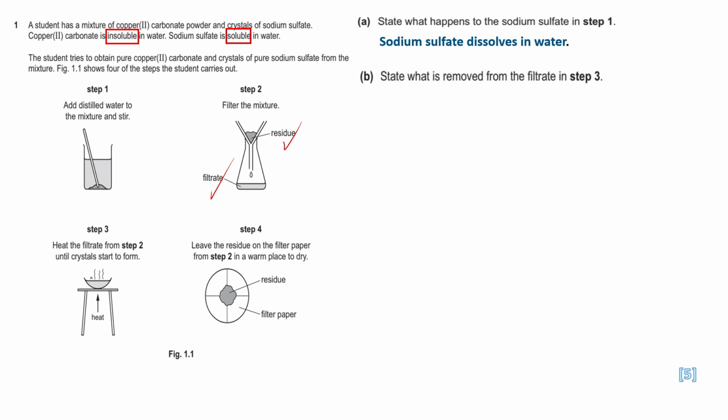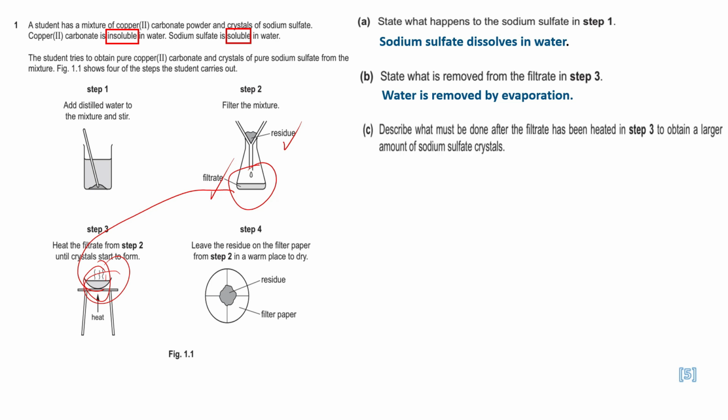In step 3, the student heats the filtrate in an evaporation dish. So what would happen during heating? Water vapor is released, so water evaporates from the evaporation dish. Water is removed by evaporation.